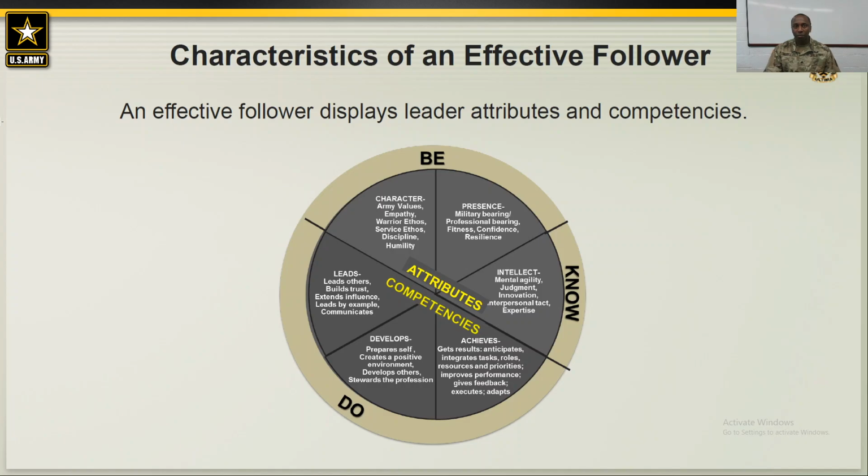Achieves. The effective follower characteristic of owning the territory demonstrates how an effective follower actively presents suggestions up the chain of command and directly contributes to the unit's and service's success. These are just a few follower characteristics relating to the attributes and competencies of the leadership requirements model.